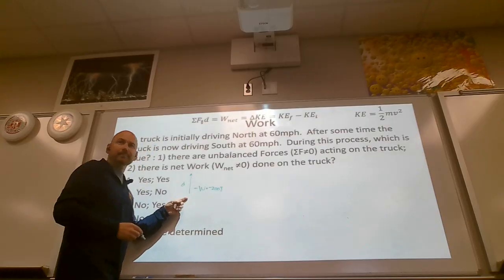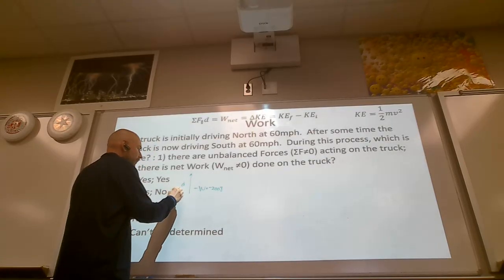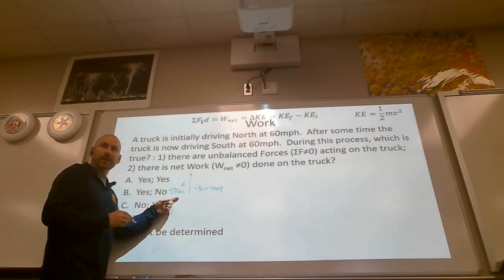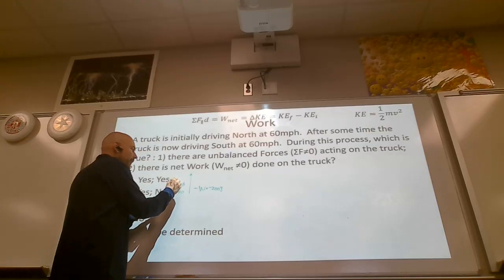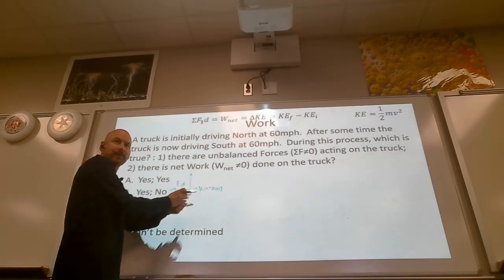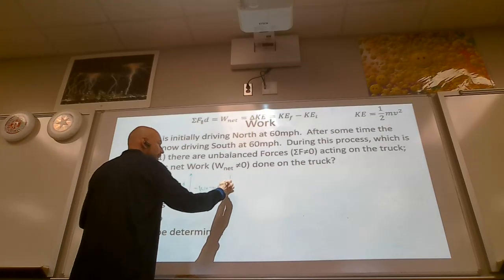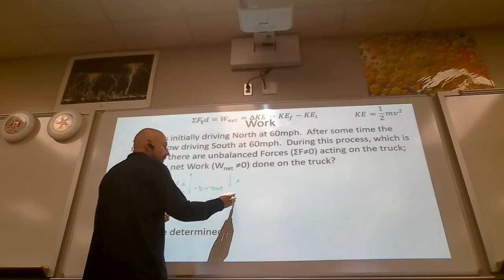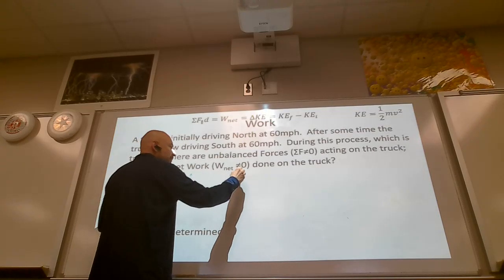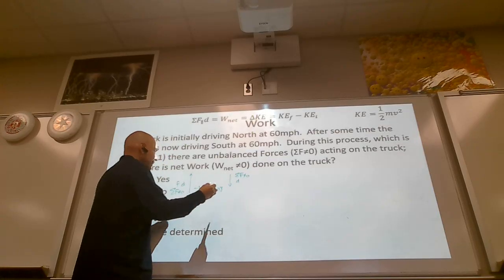Totally making that up. So the net force would not be equal to 0 during that process. You'd have a certain value of force of friction times distance to give you that, during the slowing down process. Then the speeding up process, let's say it's a different distance, and the sum of the forces aren't equal to 0 during this process.